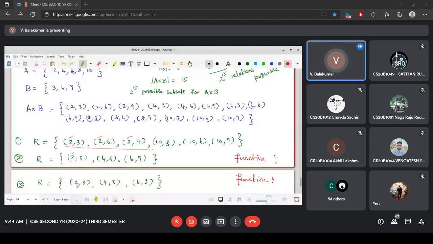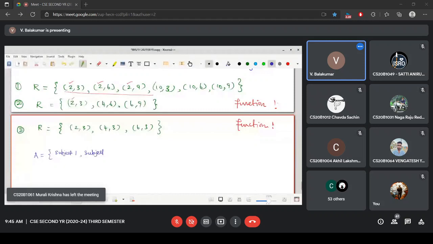it's like one of examination and the other one is mark. In that, this is your exam and this second entry is the mark. Let us write that case also. A is subject 1, subject 2, subject 3.